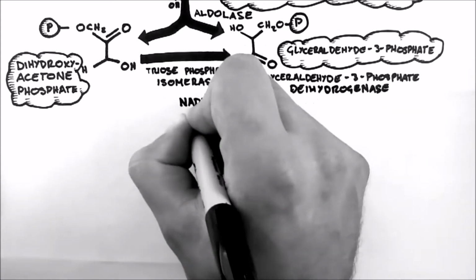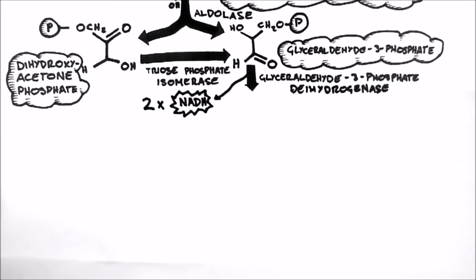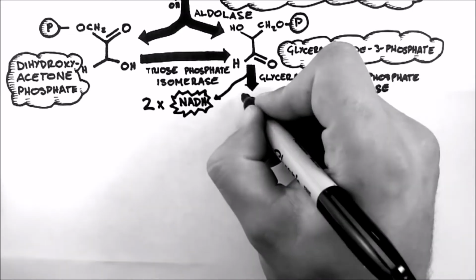This is what happens here, creating two NADH. There are two molecules of NADH created because one glucose molecule created two glyceraldehyde 3-phosphate, one from the aldolase reaction and one from the triose phosphate isomerase reaction.